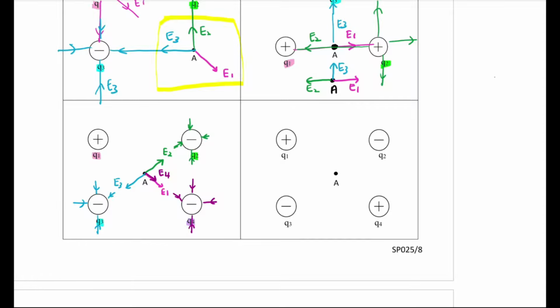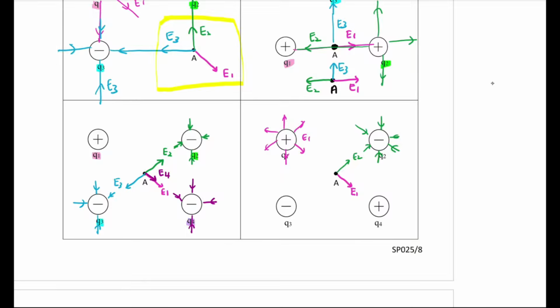Okay, next. Last one. Q1 positive. Keluar. Arrow outward from the positive point charge. Sebab dia macam ni kan keluar. Ada banyak lah. E1. And then Q2. E2. Sama. Dia masuk sini. Arrow dia inward.